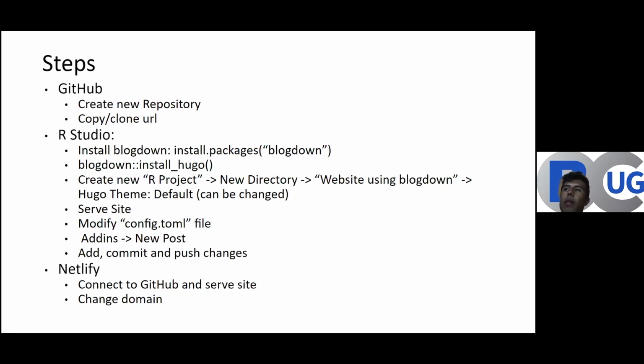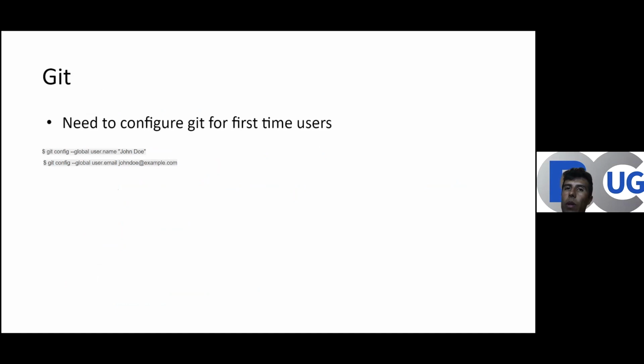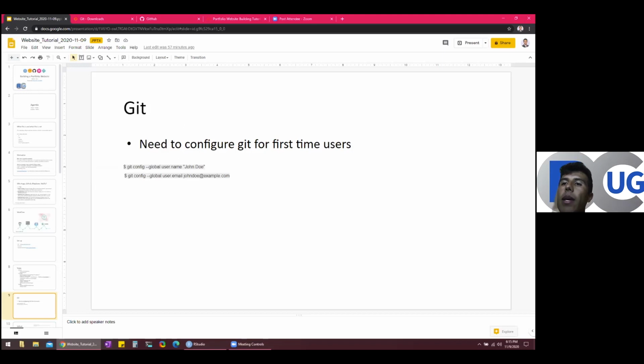Okay, I think that's about enough time. So again, follow along, please, everybody. I'm going to go very slow. First of all, let's do this for all of you who just downloaded Git, and even people who already had Git. For first-time users, we need to configure Git.